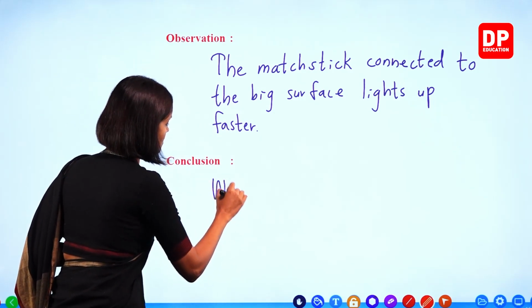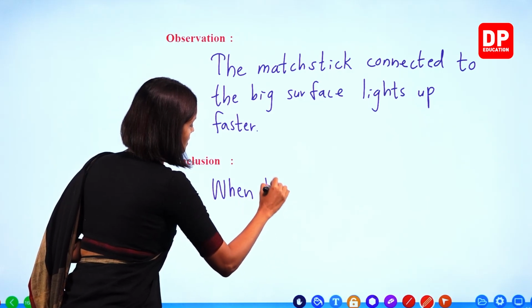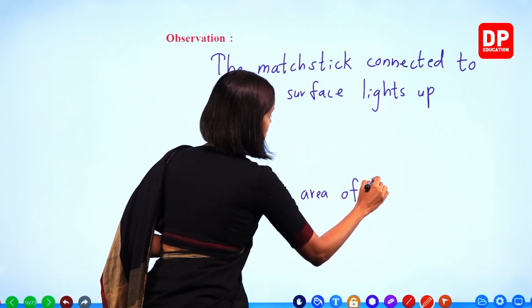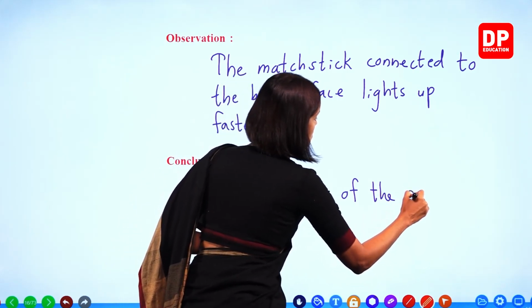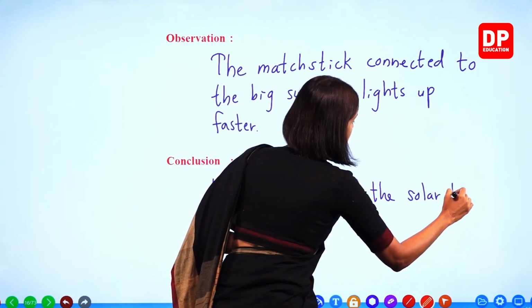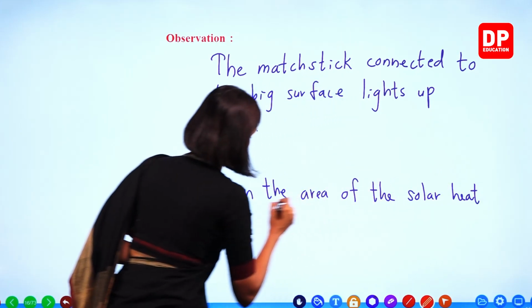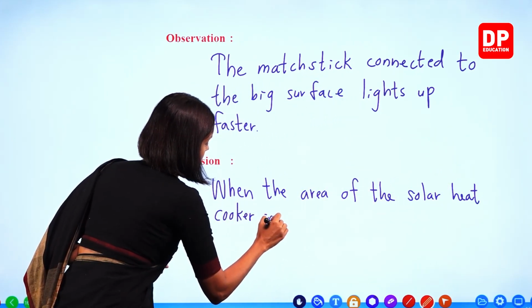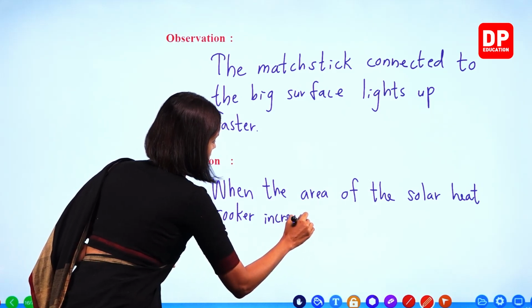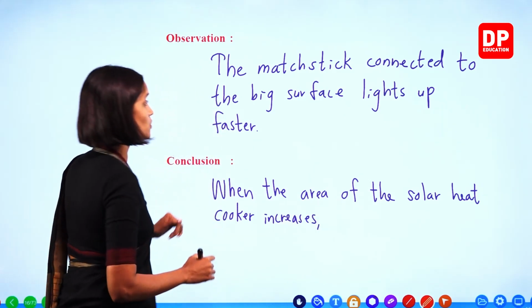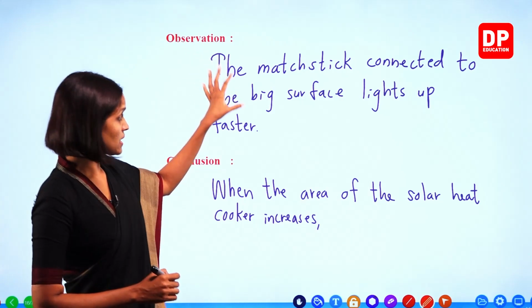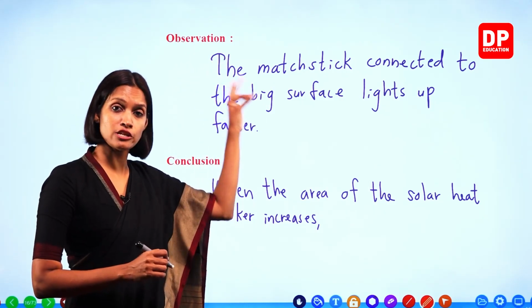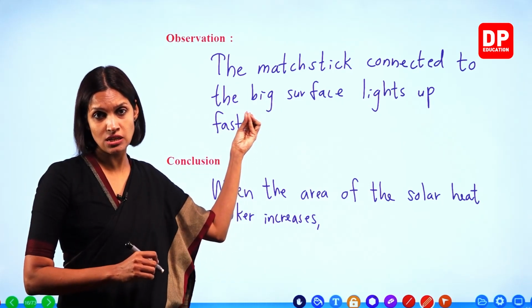We will write, when the area of the solar heat cooker increases. What happens? Now here this happens because the matchstick, in order to light up, the match head should get heated up to a certain amount, right?